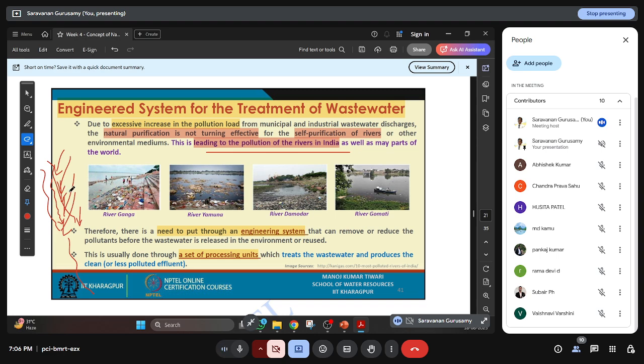Sewage treatment plants or industries. If the pollution is small, the river has its own capacity. If it is large, then we need to take care of the river. So an engineering system is required to treat the water before discharging. That's why we need wastewater treatment. That's the concept of this whole course.